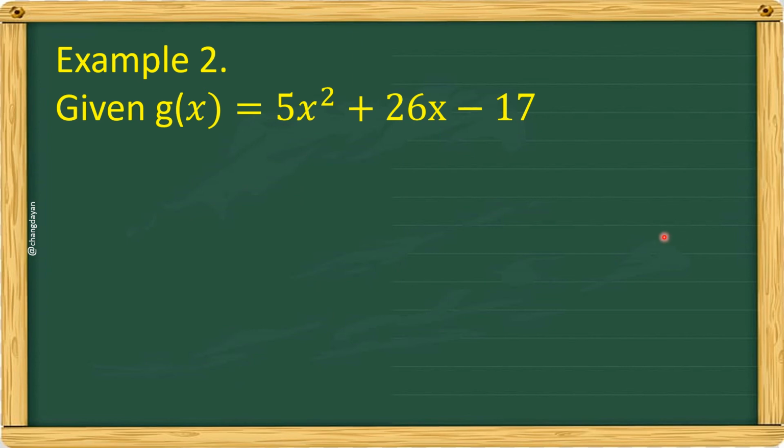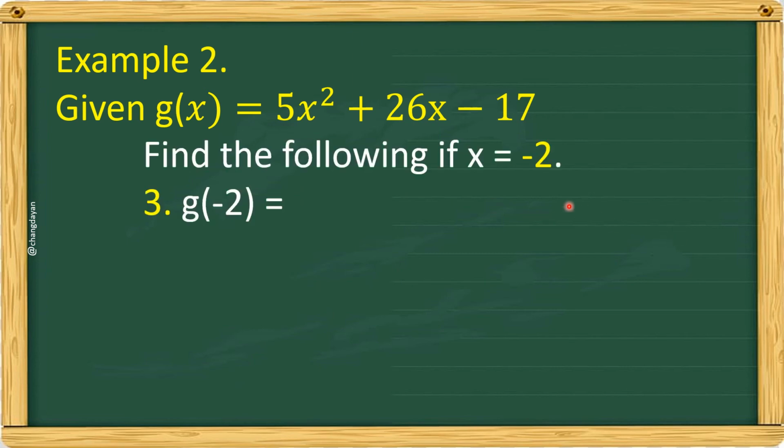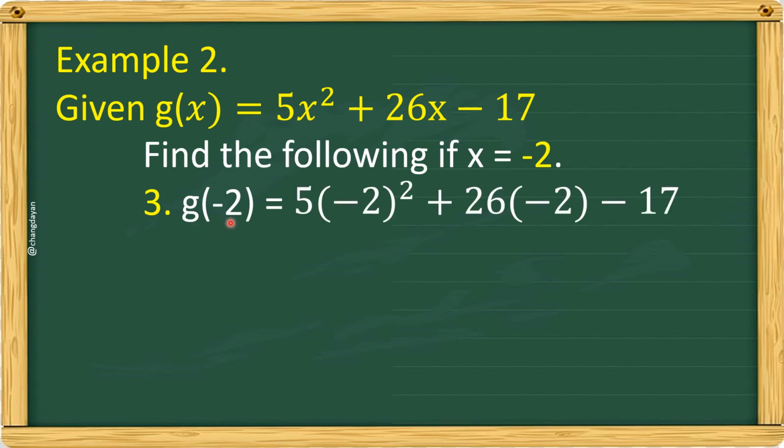Alright. Next example. What if our x is equal to negative 2? Again, we have here g of negative 2 equals 5 times negative 2 squared plus 26 times negative 2 minus 17.